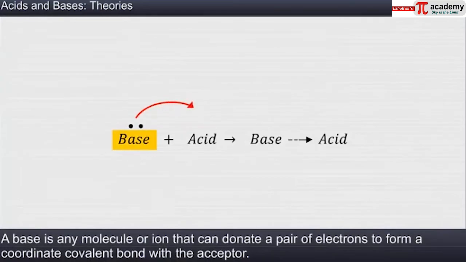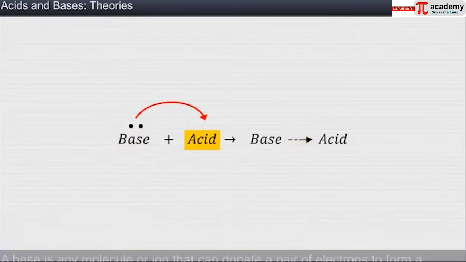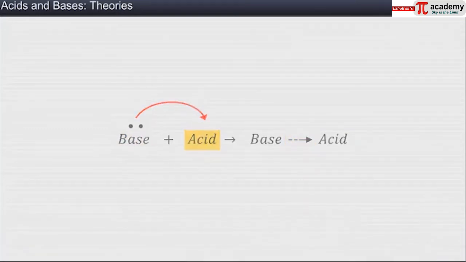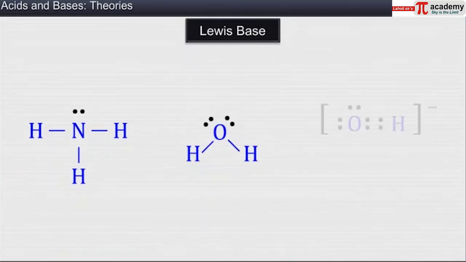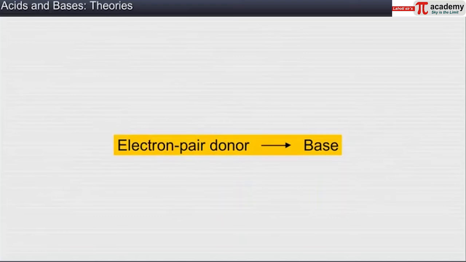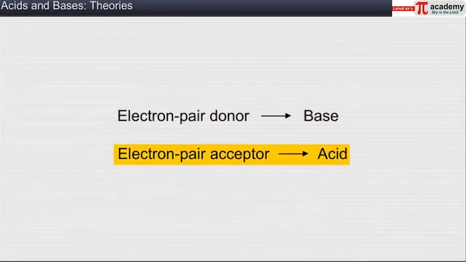A base is any molecule or ion that can donate a pair of electrons to form a coordinate covalent bond with the acceptor. For example, NH3, H2O, and OH- ion act as Lewis bases. In short, an electron pair donor is a base and an electron pair acceptor is an acid.